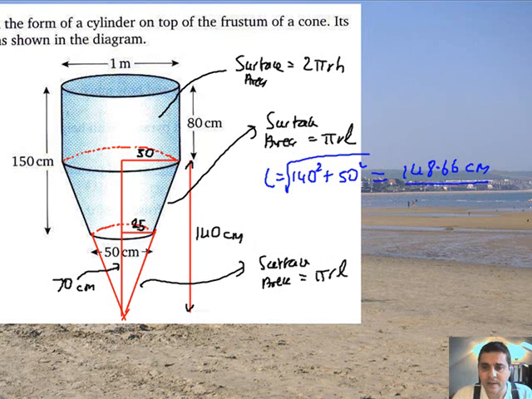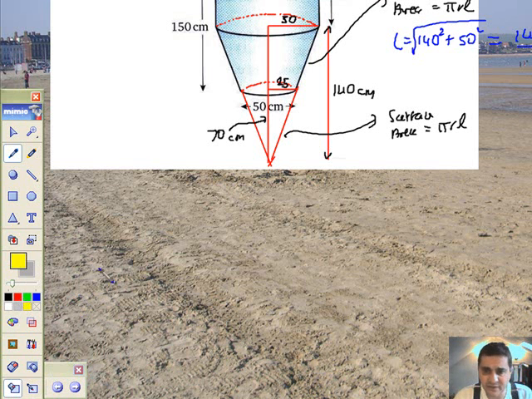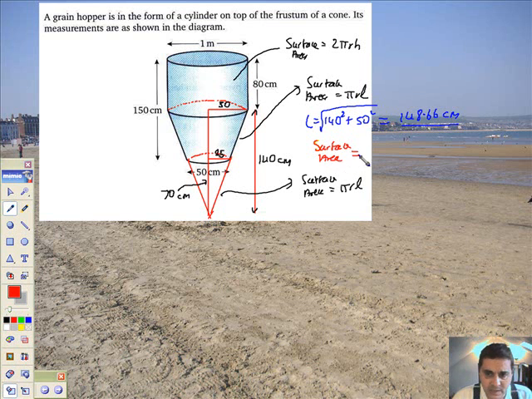148.66. So therefore, let's just change colour for the curved surface. Let's do it in red. Therefore, surface area is going to equal, and I will do the rest of it in yellow as it shows.